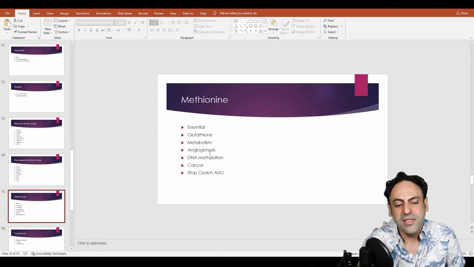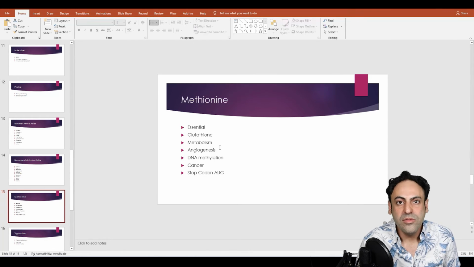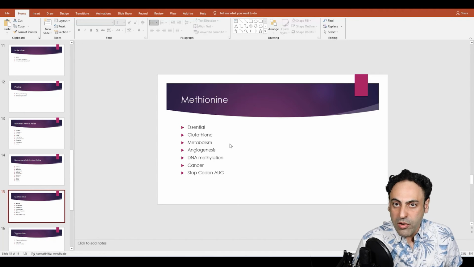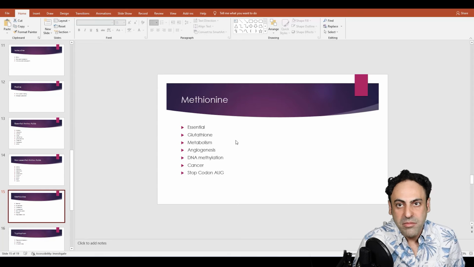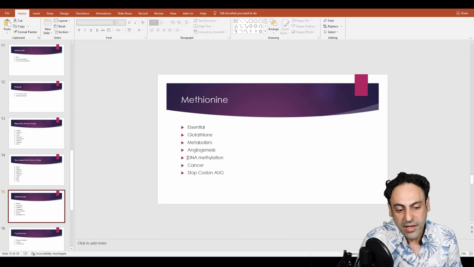Also angiogenesis: genesis means making something, and angio means arteries and vessels, so methionine is used to make the walls of these important structures in our body. And we know how important methionine is in metabolism. But one of the most important things is these two: DNA methylation and cancer.